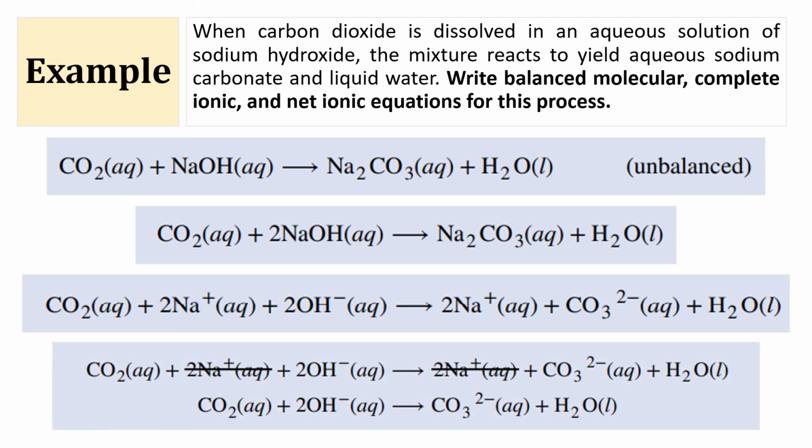So we remove sodium from both sides, from the reactant side and from the product side, because in the reactants we had 2 sodium ions, and in the products as well we have 2 sodium ions, so we know that this is the spectator ion as it doesn't participate in the equation, and we are left with the net ionic equation for the process.